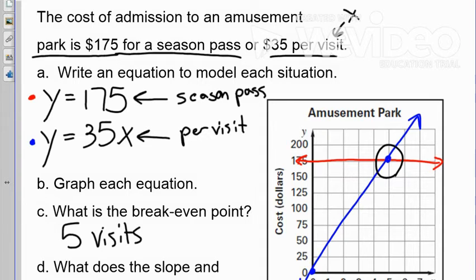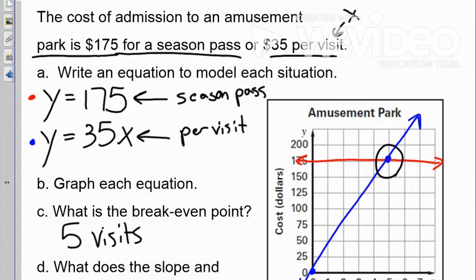So in this case, the y-intercept represents how much money you paid at the beginning of the season. So in this example, if you paid $175 for that season pass, you're good for the rest of the summer. You don't have to pay any more because you have already paid your initial fee. Now, if you pay per visit, you do not have to pay an initial fee at the beginning, so you only pay for what you go.